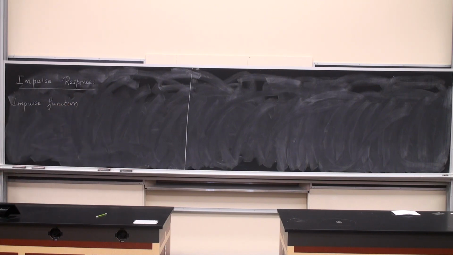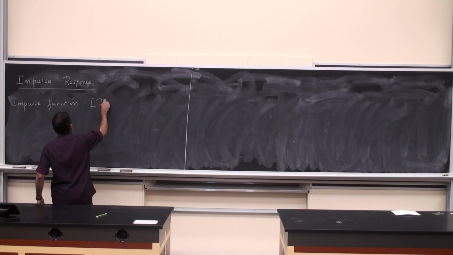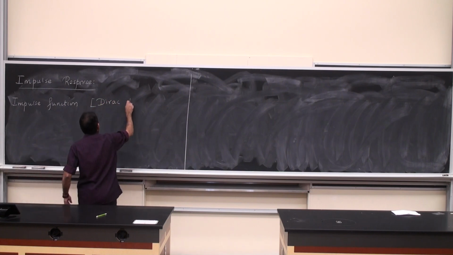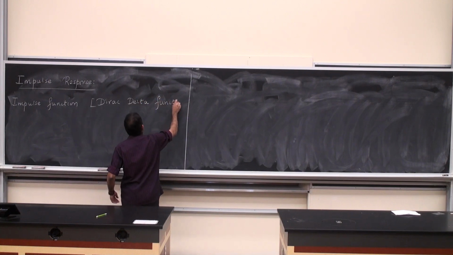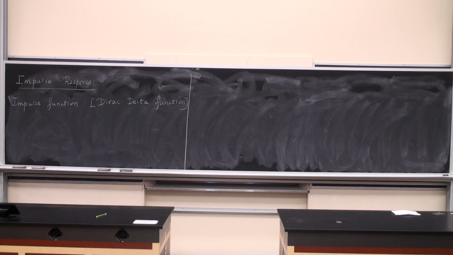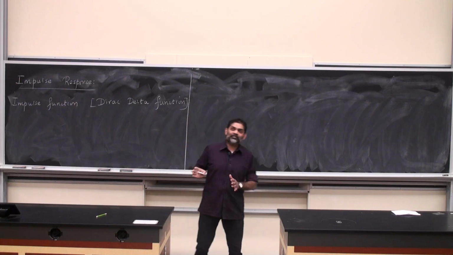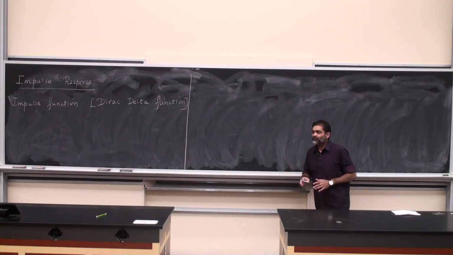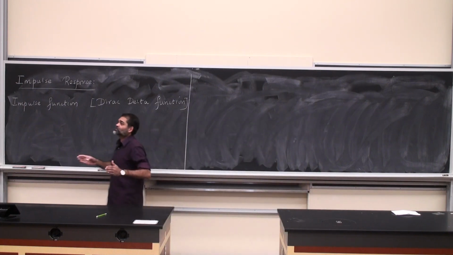Impulse function is also sometimes called the Dirac delta function. In reality, this is not an actual function, it's more of a distribution, but we will not get into the aspects of a difference between a function and a distribution. We will still call it a function.